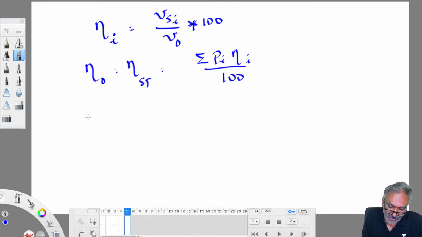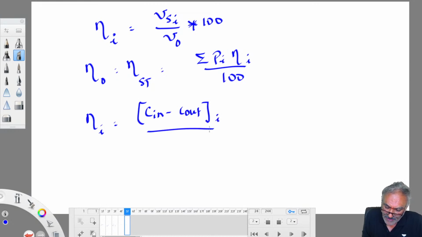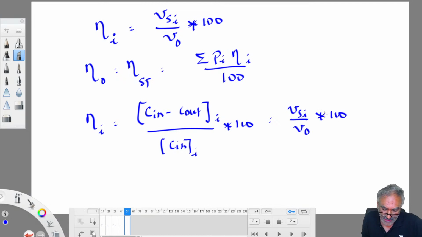You can also work out efficiency of removal of the ith particle by knowing the concentration of the ith particle in water. C in minus C out of the ith particle, divided by C in of the ith particle. If you multiply by 100, you will get efficiency. This you can also equate to the normal equation, Vs of the ith particle by V0 for which the sedimentation tank is designed, into 100.